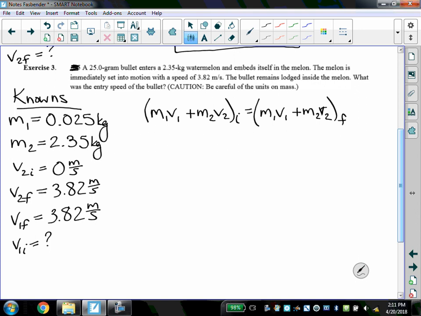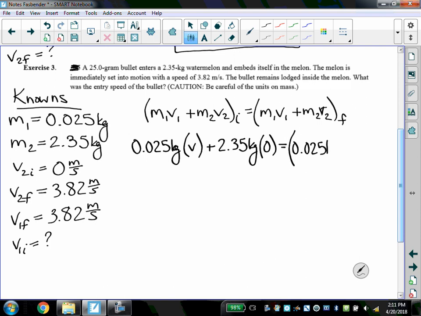So if we fill in 0.025 kilograms times our mysterious initial velocity of the bullet plus 2.35 kilograms times the initial velocity of the watermelon has to equal 0.025 kilograms plus 2.35 kilograms.